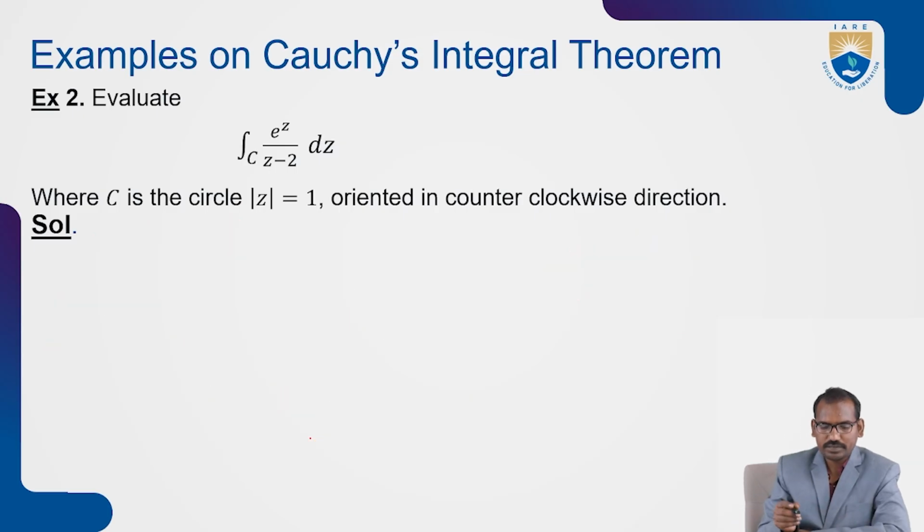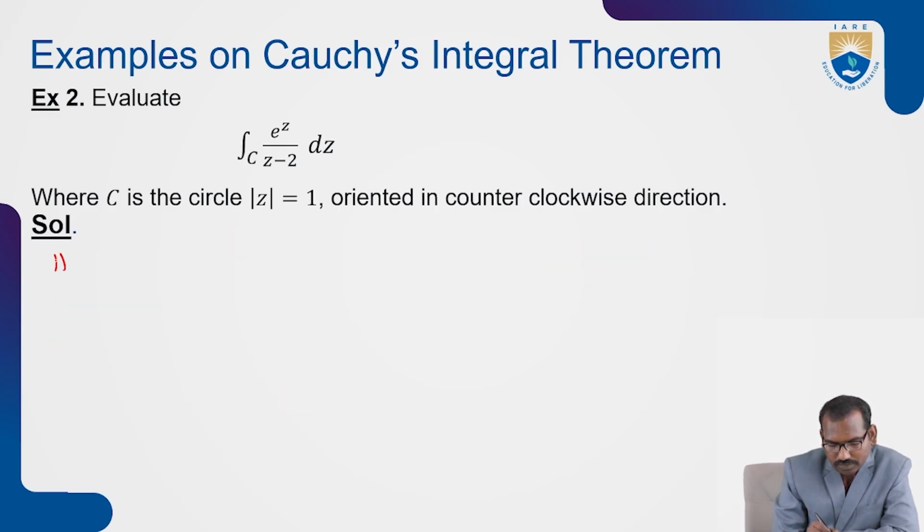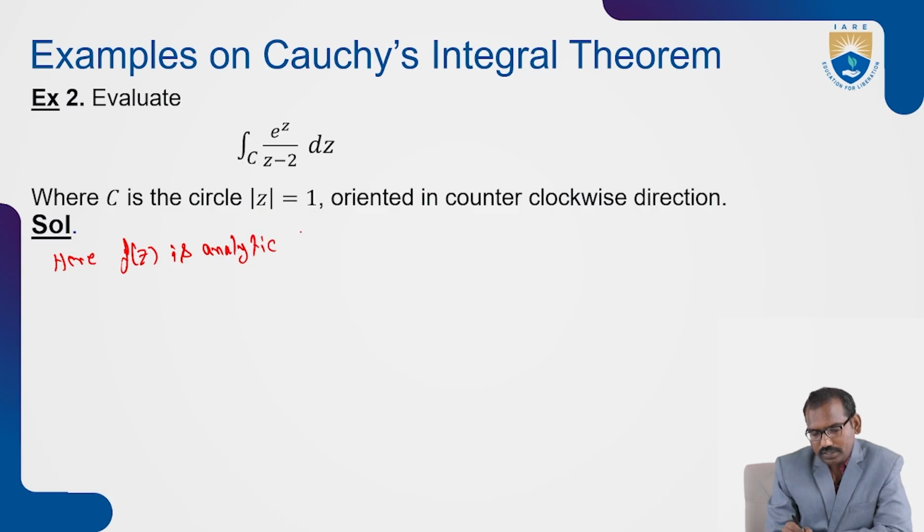So I will write here f of z is analytic inside, within, and on the curve C. What is C?